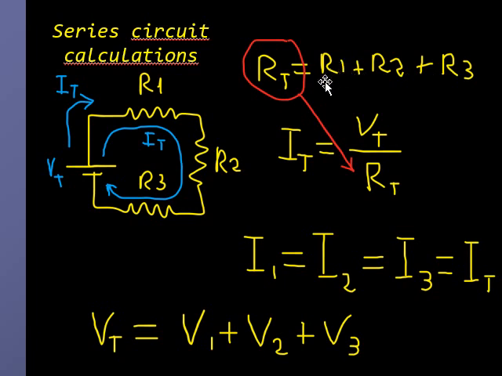To calculate the current, we only have to use Ohm's law. We divide the total voltage by the total resistance that we already calculated here. The current through each resistance is very easy because, as I said, it is equal to the total current. And the voltage, this is something we will calculate later, is the result of adding all three. There is a voltage drop in every resistance. This is something we're gonna see later.